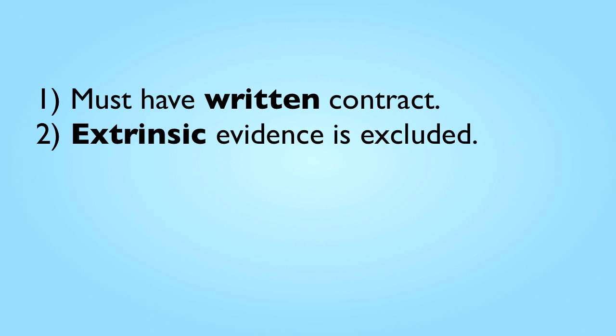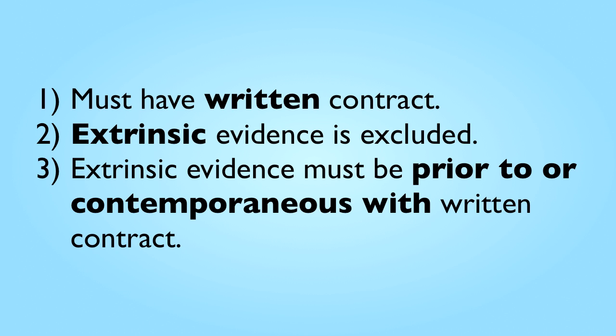Second, the rule only applies to evidence that is other than the written contract itself. Such evidence is called extrinsic evidence, that is, evidence from outside of the contract. It refers to evidence about conversations or other writings. Moreover, the extrinsic evidence has to be prior to or contemporaneous with the written contract.